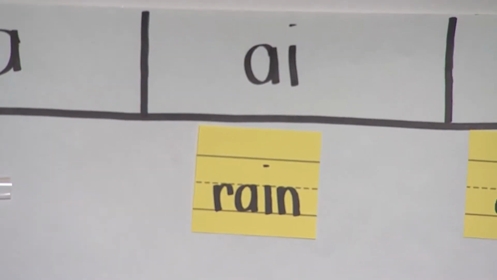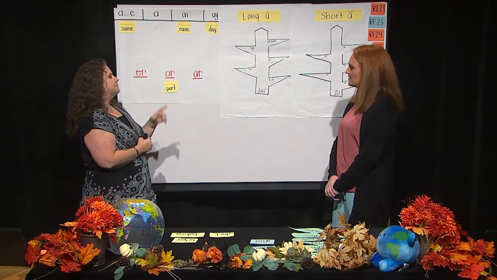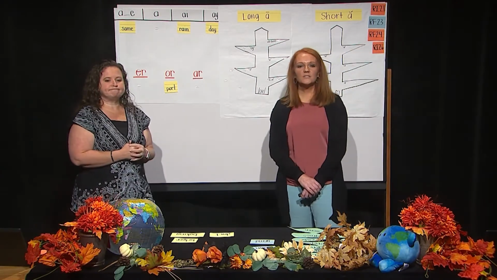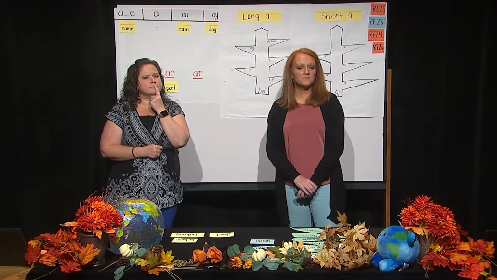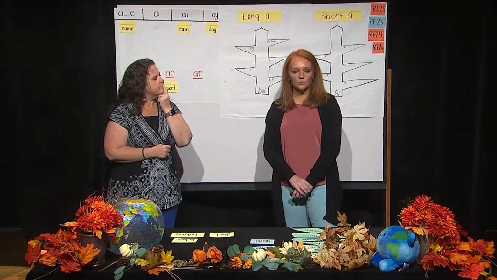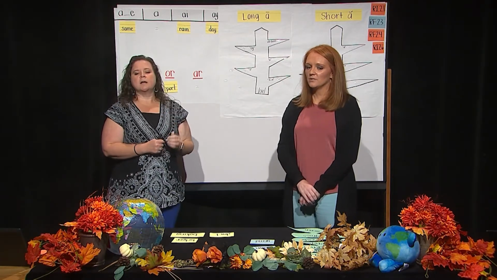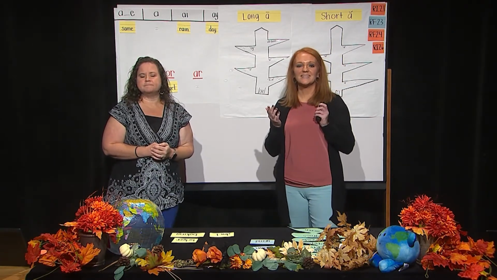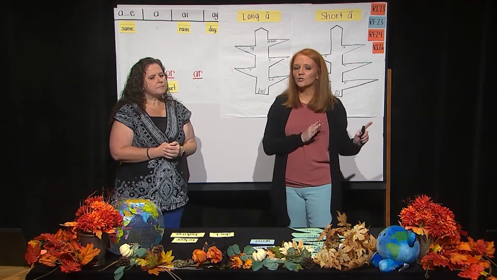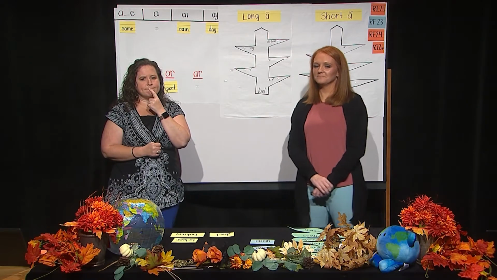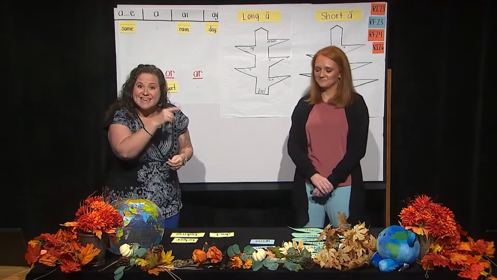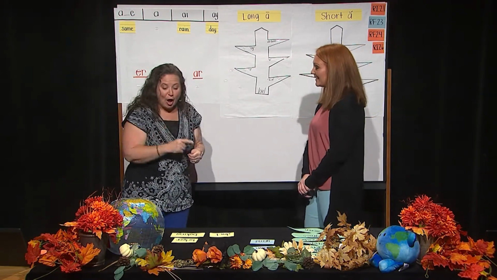As I'm looking at our chart, I'm noticing that we don't have any words in some of those spots. True. That's true. What's a word that you know, friends, that may be spelled with the vowel sound spelled with the ER? Good thinking.